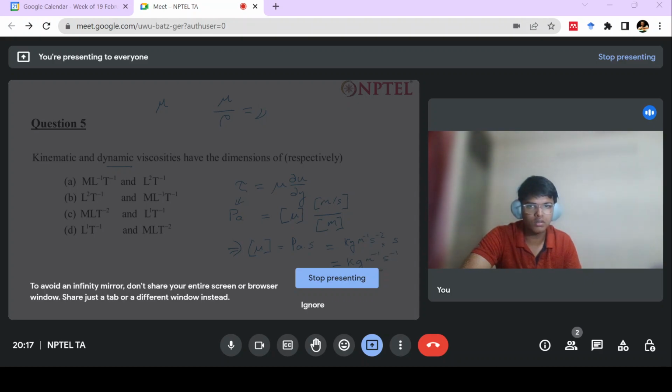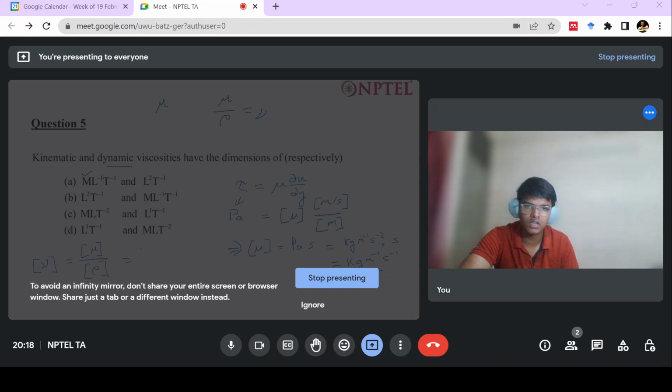So what corresponds in the dimension? This is the first option, right? First option, yeah. So only one option is coming out to be correct: M L minus one, T minus one. So let's check with our kinematic viscosity as well. Kinematic viscosity will be mu by rho, the density.